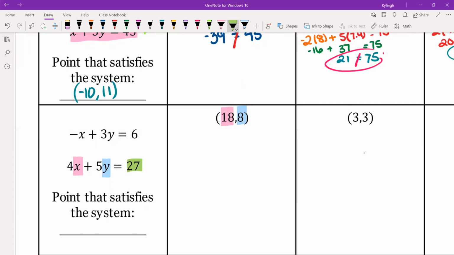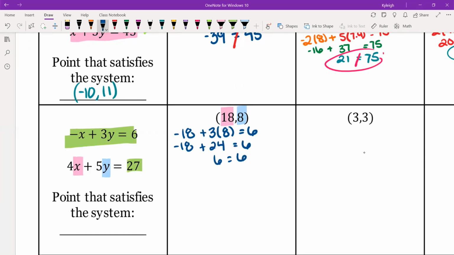Because this is a negative up here, I'm probably still going to use this one to start with, just because it's a little easier. So it's negative X, so it's negative 18 plus 3 times 8 equals 6. Negative 18 plus 24 equals 6. And that is true. So since that's true, okay, we're on the right track, hopefully.